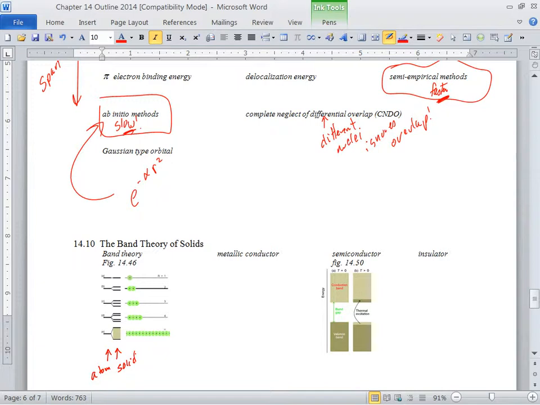Okay, so with this idea, and then however many electrons you have, right, they'd fill in there. With this idea, how do they explain metallic conductors? Because what's filling up these orbitals? Electrons. So how do they explain metallic, with this theory, band theory of solids, how do they explain metallic conductors?